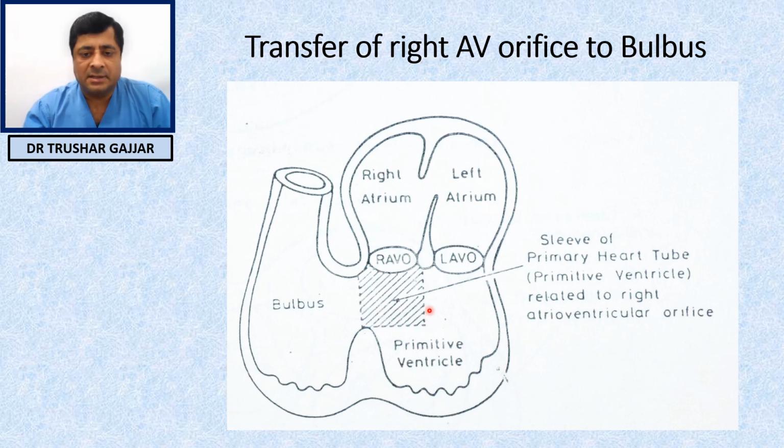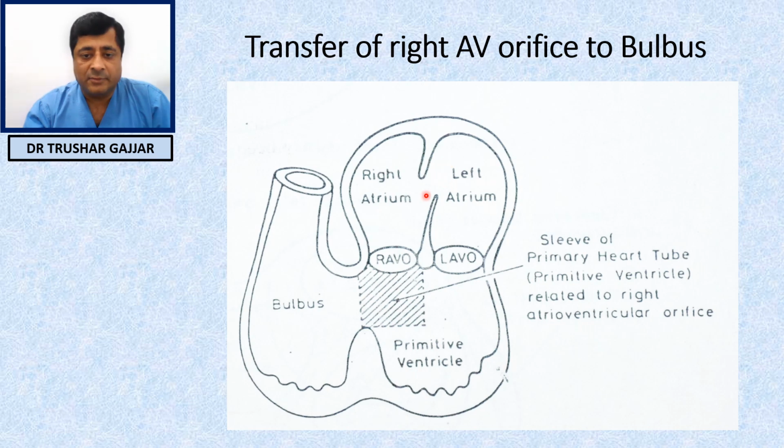Now, as we have seen, the atria is divided into right and left. The AV canal is divided into right and left. The primitive ventricle is going to form the future left ventricle. The bulbus is going to form the future right ventricle.